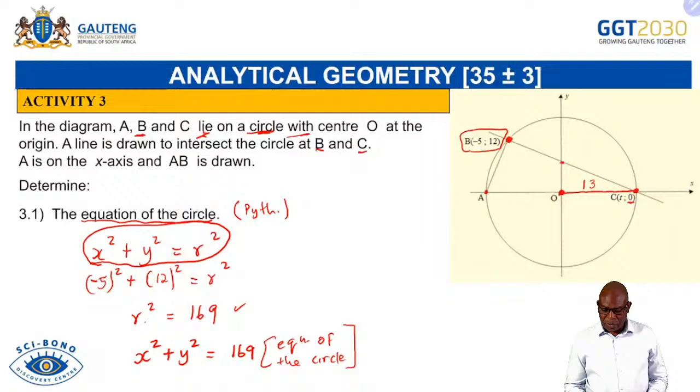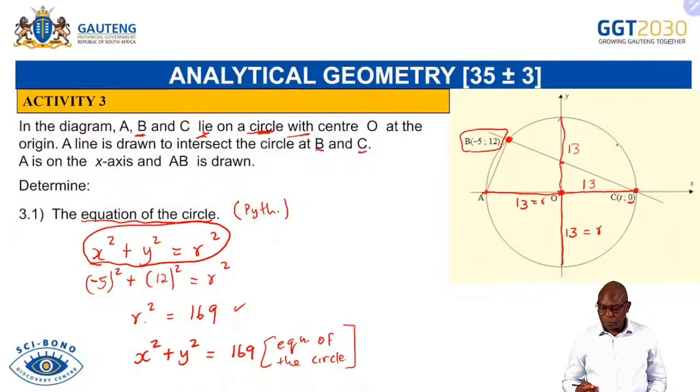So from here to there, it's 13. From here to there, it's 13. From there to there, the radius is 13. Remember, I'm not writing negative 13 because I'm writing a radius. And from here to there, it's 13. Okay, so it's a radius. From there to there, it's 13, so it's a radius.